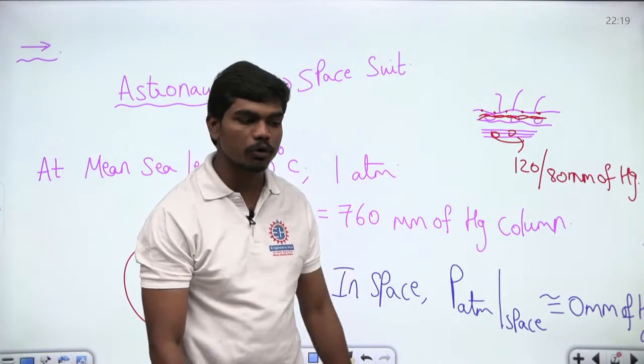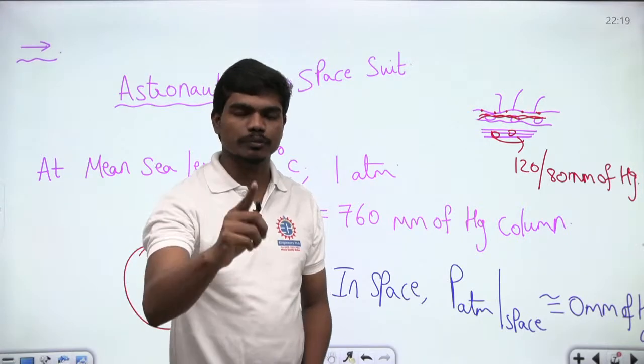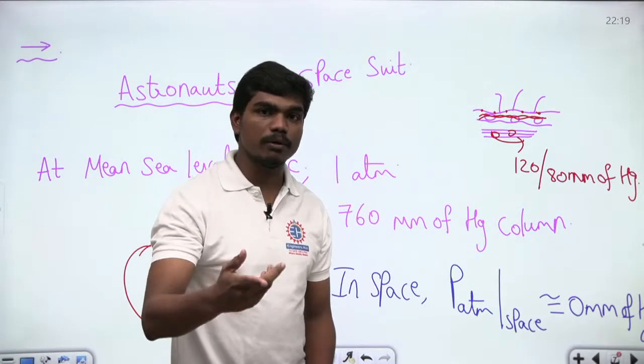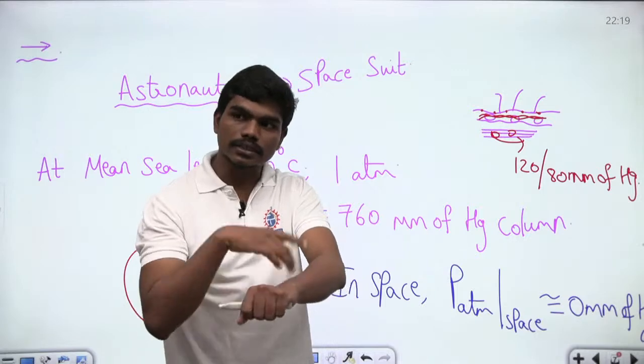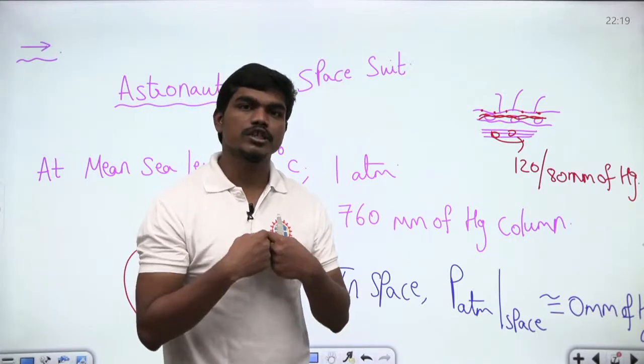Now what happens if you go to space without a space suit? If you go out of Earth's atmosphere without a proper space suit, your blood starts coming out, bursting out of your body, and that's the most painful death that can happen if your space suit fails.